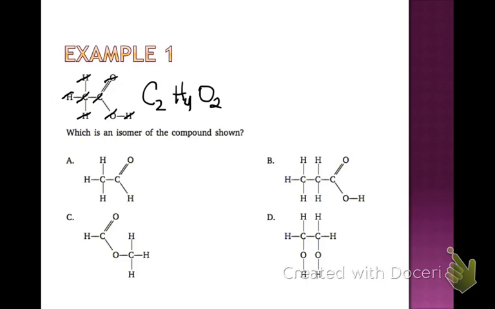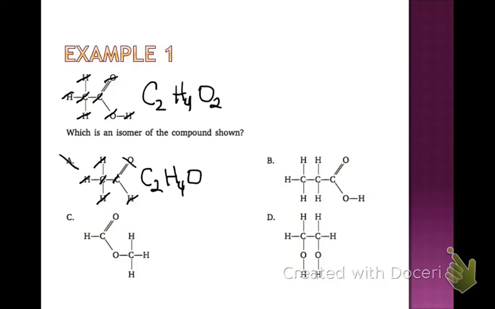So we're going to go to each of the formulas below and just check to see what its molecular formula would be. So for A we have C, H, and O, and we'll just count up. There's 2 carbons, 1, 2, 3, 4 hydrogens, and then 1 oxygen. So this one can't be it because the number of oxygens will be different.